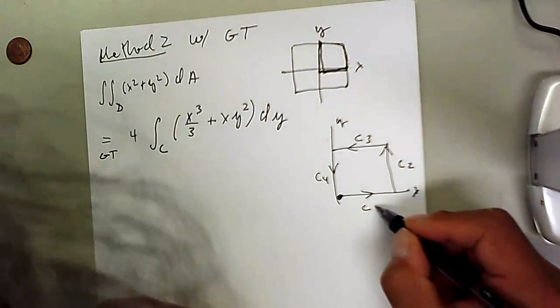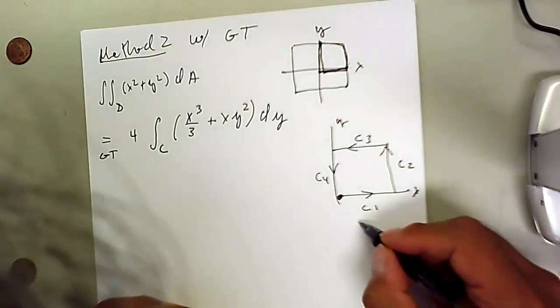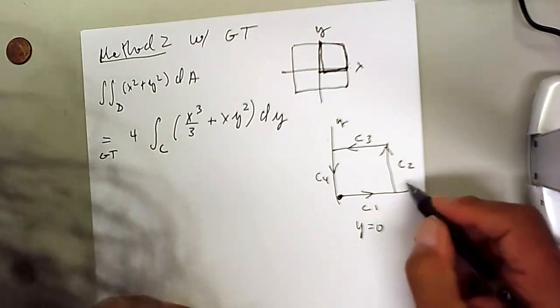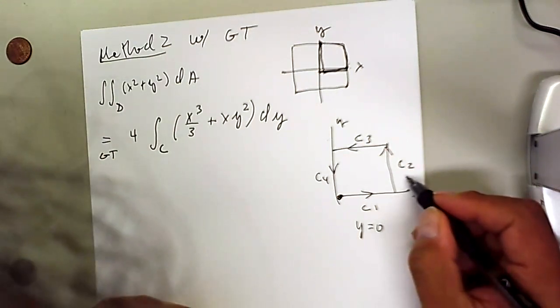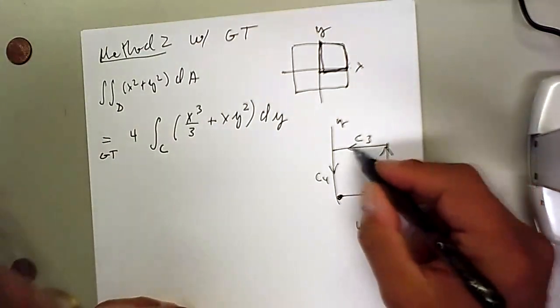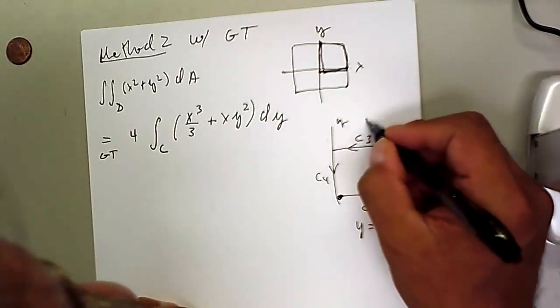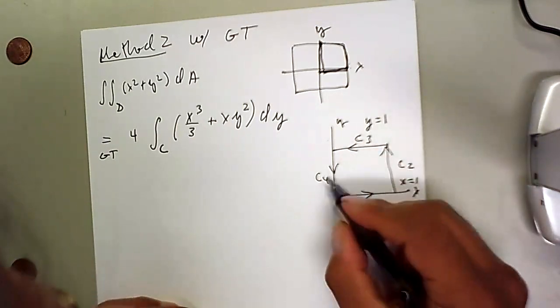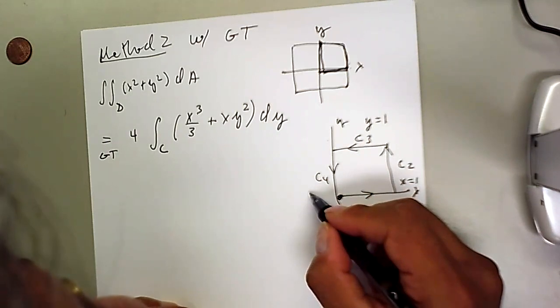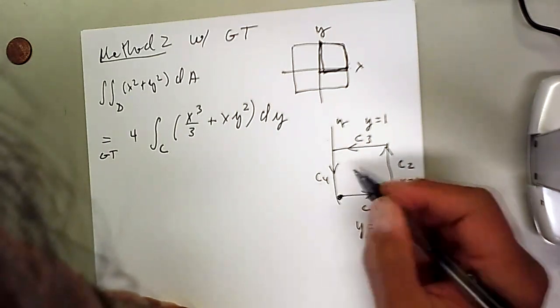What defines C1 will be that y is equal to 0. What defines C2 is that x is equal to 1. What defines C3 is that y is equal to 1. And what defines C4 is that x is equal to 0.